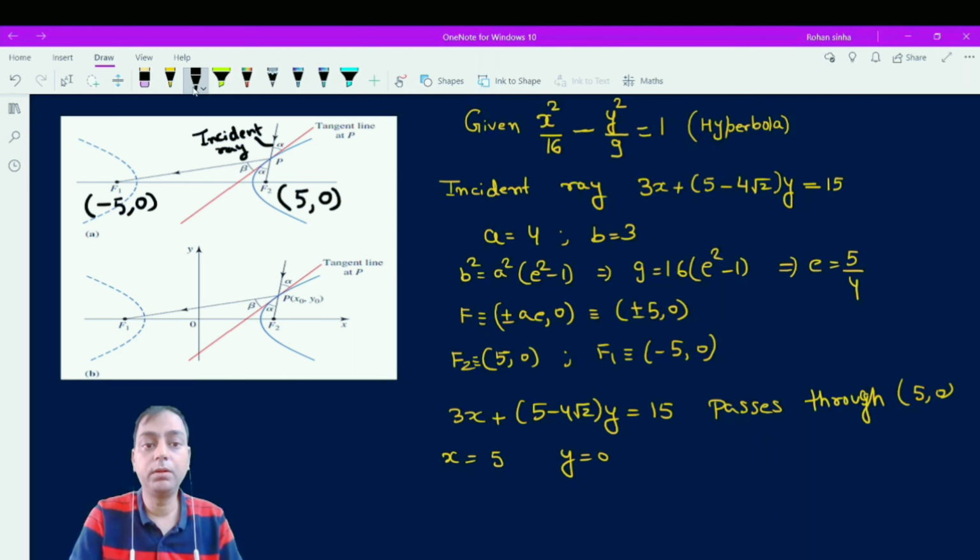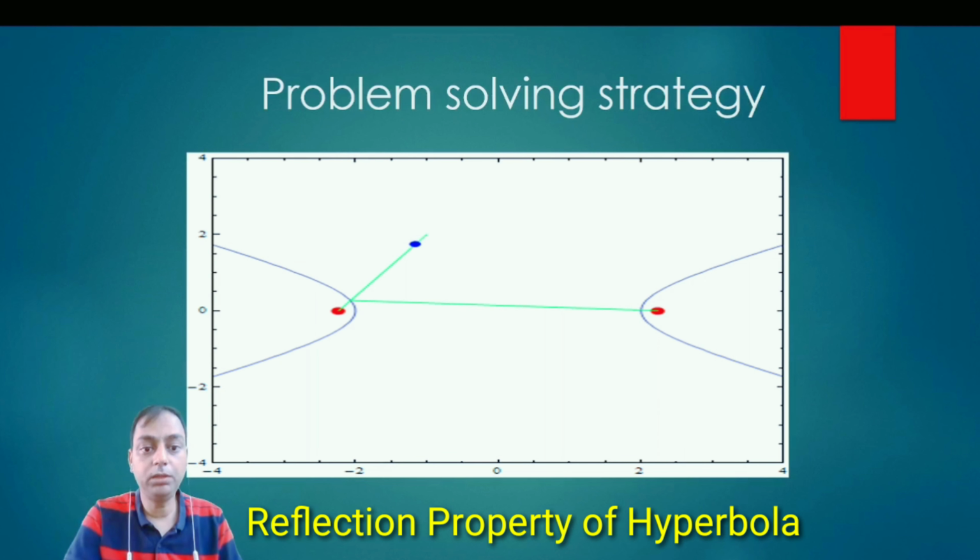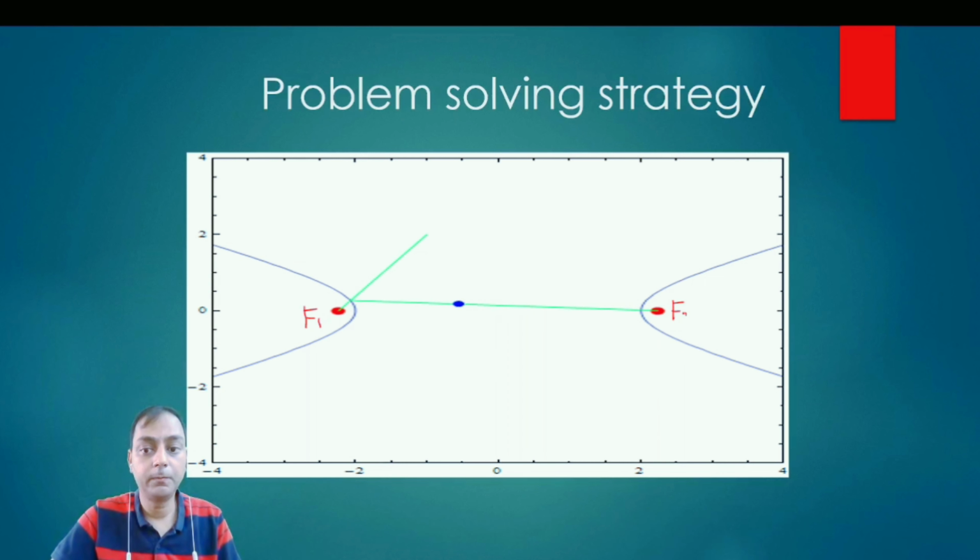Now I am going to use the reflection property of hyperbola by this graphic. From this graphic it is clear that if this is F1 and this is F2, this is the incident ray and this is the reflected ray.